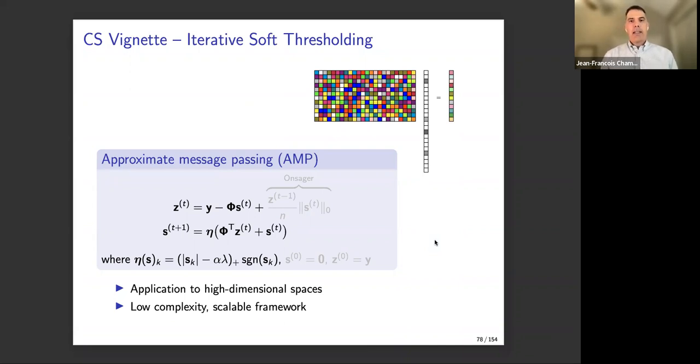So you can use some tree-like properties locally and disregard the fact that you have loops. It turns out for this class of algorithms that we're looking at, iterative composite algorithms, you have something similar. This was pointed out by Donoho, Maleki, and Montanari in 2009. The idea is that the fundamental object or constraint for large-system analysis is not necessarily the loop size, but the effect of the cycle onto your reading.